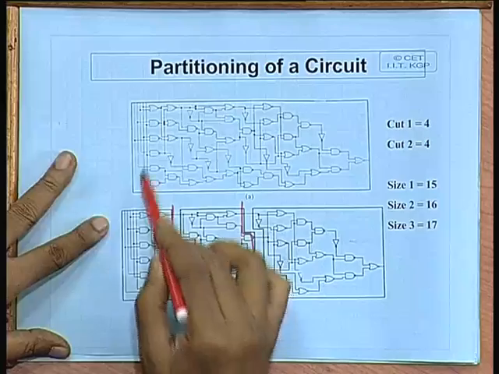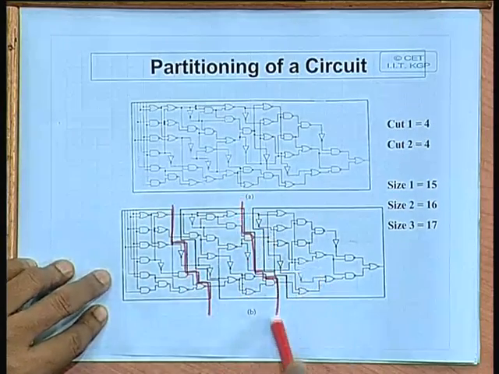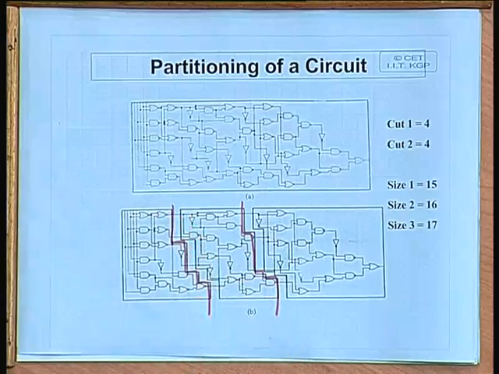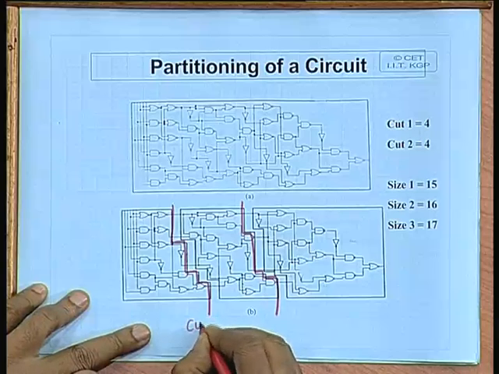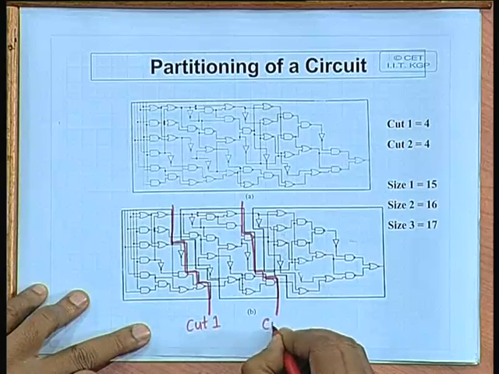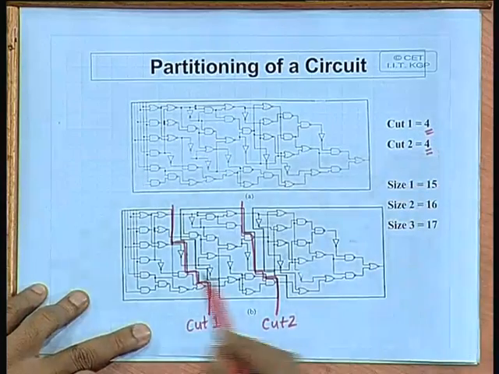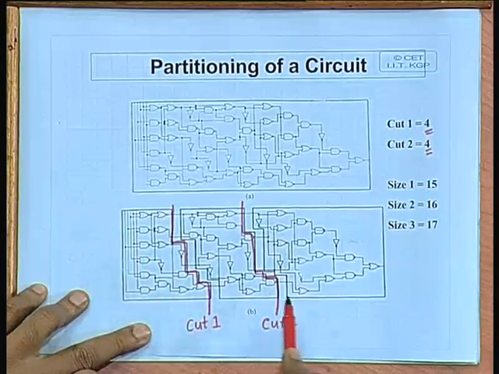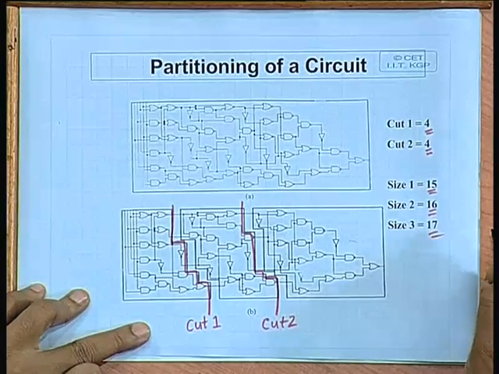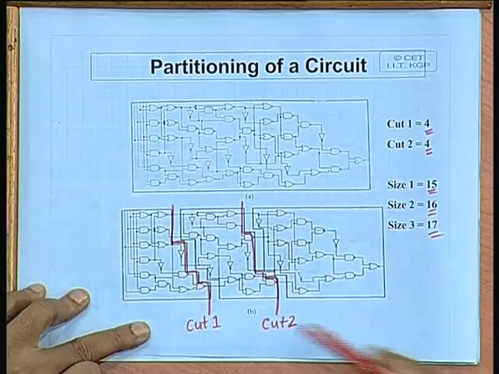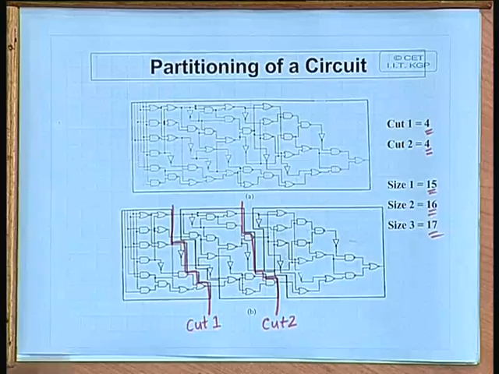Given a netlist like this, suppose we want to divide it into three parts. For this partition, the number of lines crossing the partition, this is cut 1 and this is cut 2, are 4 each. So, there are only 4 interconnecting lines crossing the partitions, and moreover the sizes of the partitions are more or less equal. So, this will be called a good partition, right. This is just an example.